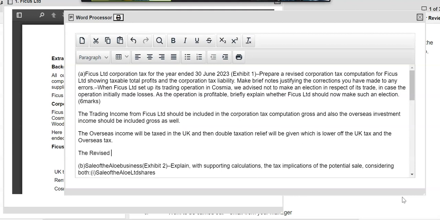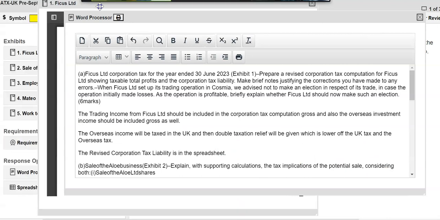The revised corporation tax liability is in the spreadsheet. Right, so let's go to the spreadsheet part and let's solve this.